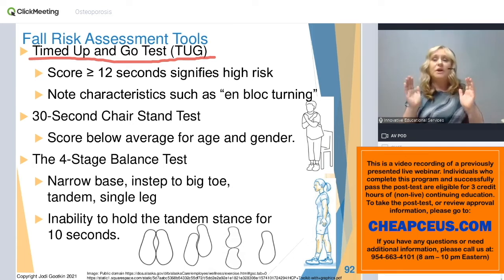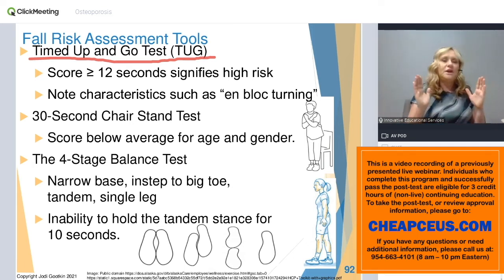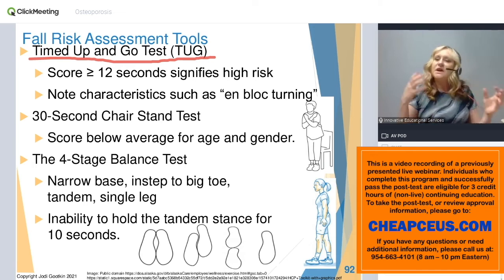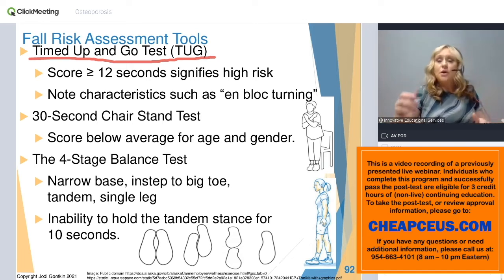Are they doing en bloc turning where the head, the shoulders, the pelvis, everything's turning together and it's at a slow rate? Or are they able to dissociate because that'll allow for better balance? And look at the stride, look at the step length, is their arm swing?